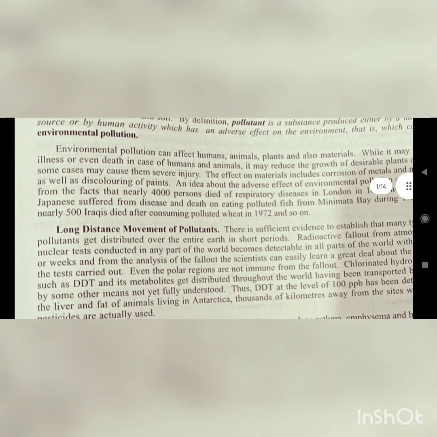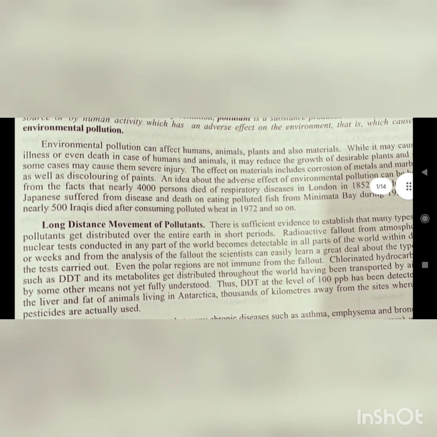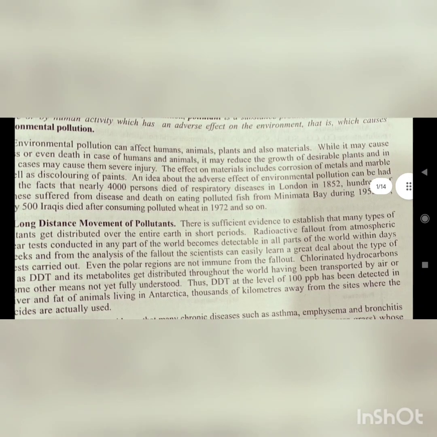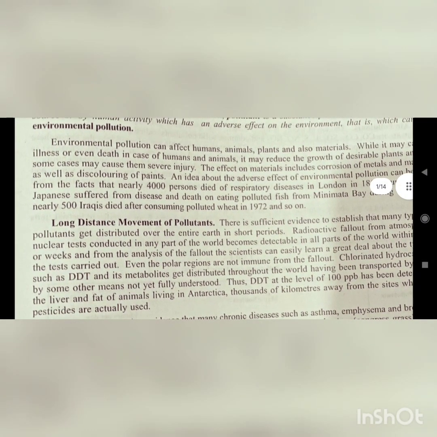While it may cause illness or even death in humans and animals, it may reduce the growth of desirable plants. In some cases, it may even cause severe injury. The effect on materials includes corrosion of metals and marble as well as decolorizing of paints.